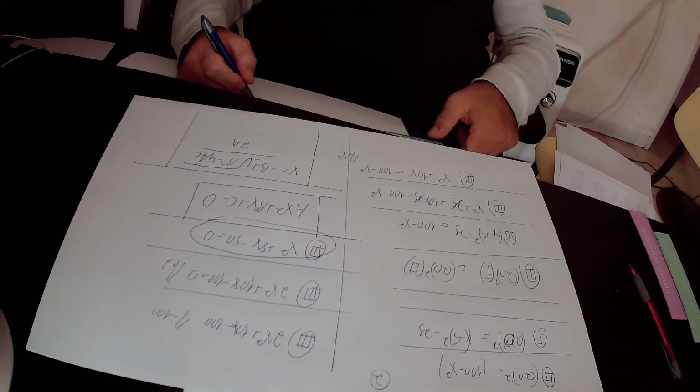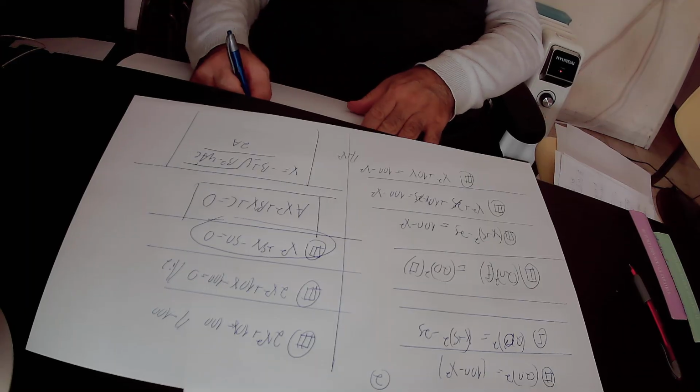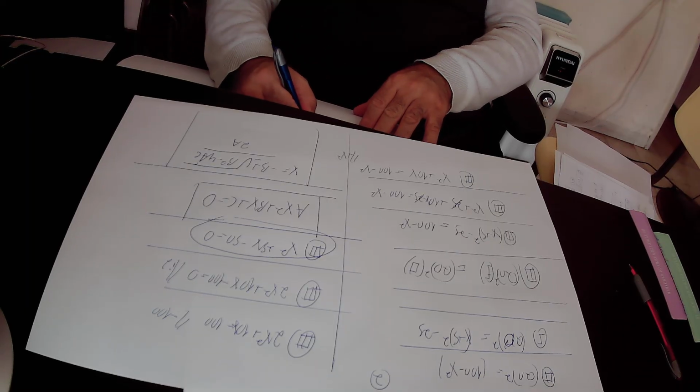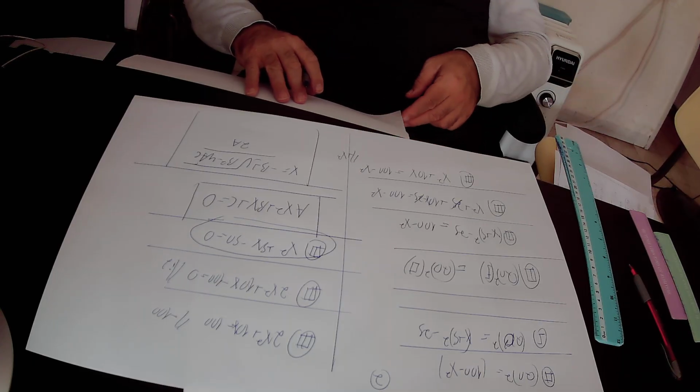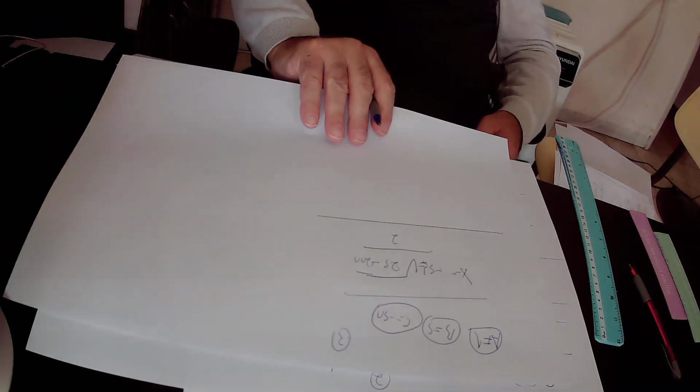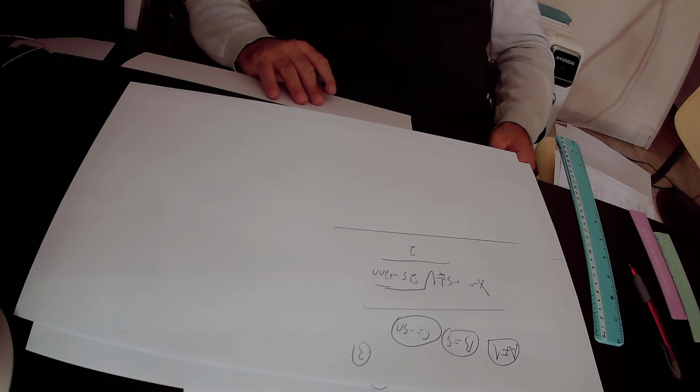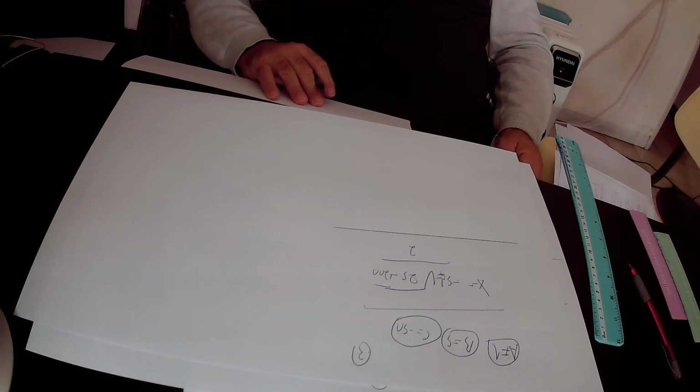So in total we found that x equals minus 5 plus minus square root of 25 plus 200.